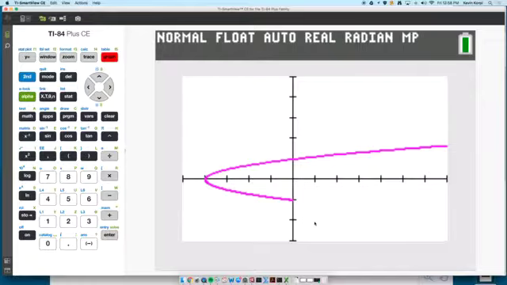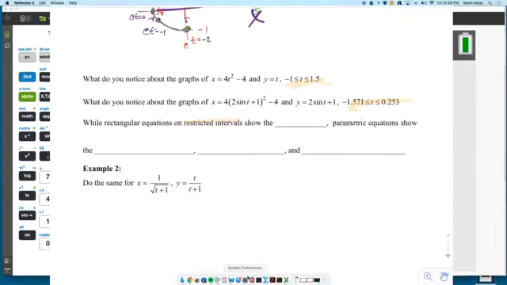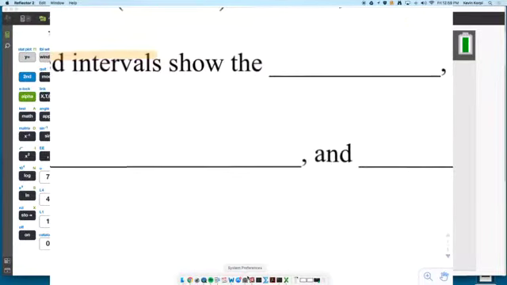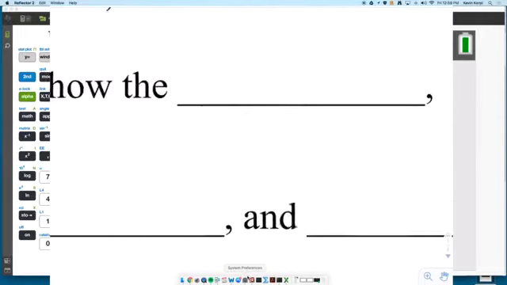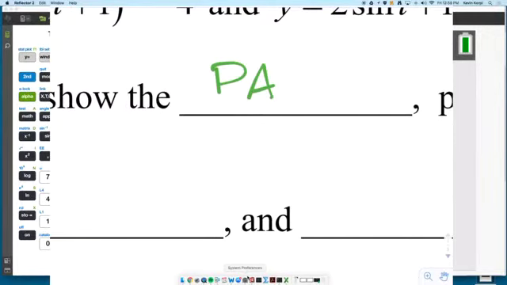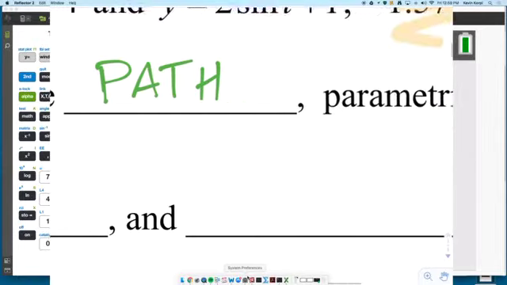At the top, you would draw an arrow, and you'd extend it past the y-intercept on the bottom and draw an arrow. So if you take a rectangular equation and you restrict it to part of it, then you'll have a parametric path. So what we can say then is rectangular equations on restricted intervals show the what? They show the path. Okay, the graph itself shows the path that an object takes.